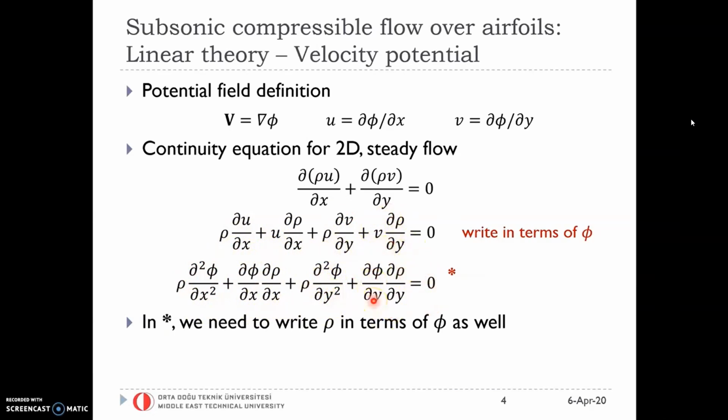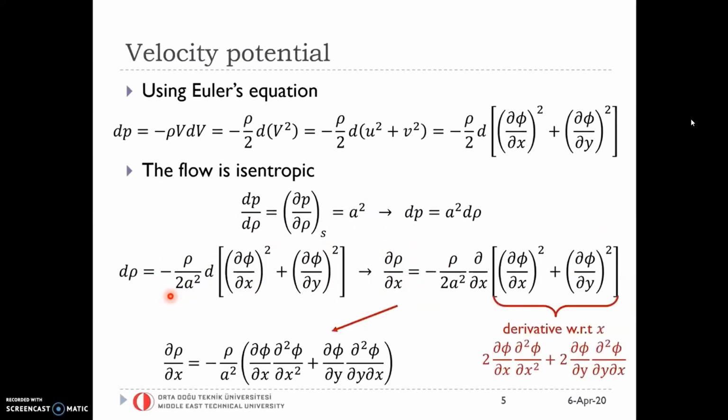Unfortunately I'm not able to write down these density terms in terms of velocity potential, but my aim is to find a way to represent them as well. I can do it by using the conservation of momentum equation, which I derived in the previous slide, because that equation was relating pressure and velocity. If I write down pressure in terms of density as well, then I can get a relation between velocity and density.